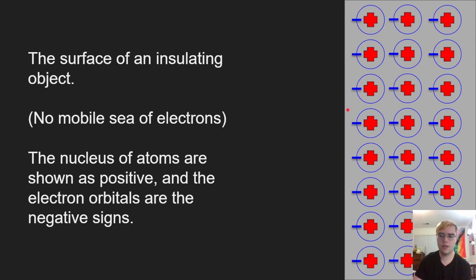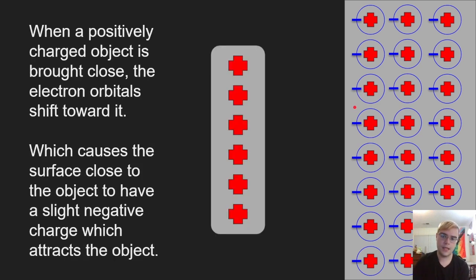So what happens when we introduce a positively charged object near the surface of the neutrally charged insulator? Well, the negative charges, the electrons, should be pulled towards the object since opposites attract. But the nuclei don't really move very much because they're very heavy, but electrons are very light.